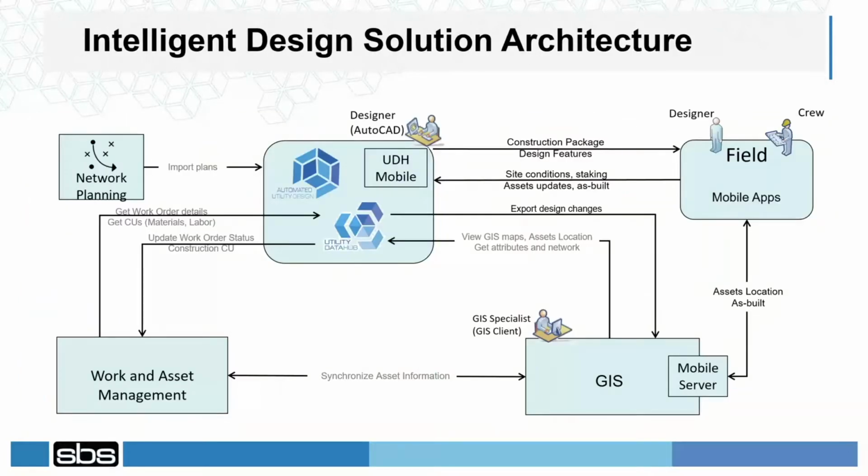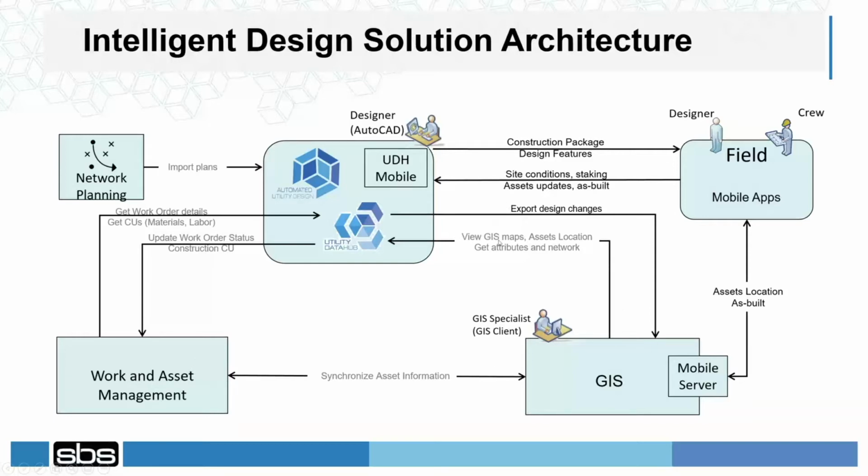Let's look at technical and architecture details. Being from the architecture team, I can't help but show you this slide. The key part is that I'm trying to communicate how the data flows between three systems: AUD in the center, work management such as SAP or asset management, Maximo, etc., and GIS.